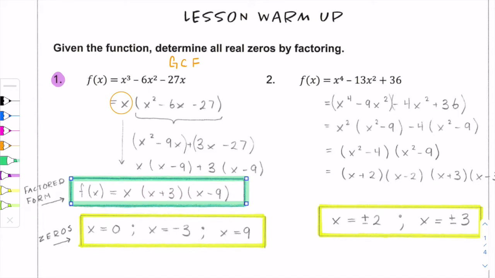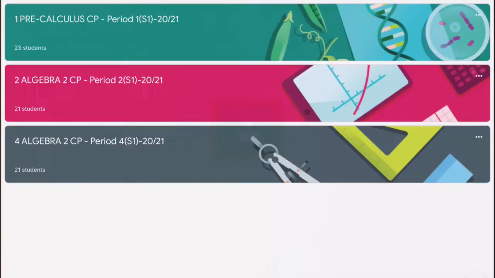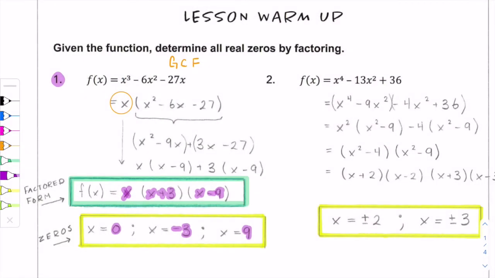It's why I labeled these. You have your factored form, and then from your factored form, you set each one of your factors equal to 0. And when you do that, you end up with 3 solutions. You have a solution of x equals 0, a solution of x equals negative 3, and a solution of x equals 9. So you set each one of those equal to 0.